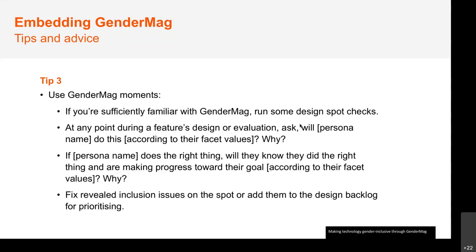Why would they do that? If they do this thing, will they know that they're making progress towards their goal? Why is that? You can then use the answers to these questions as design checks and also as inspiration to fix it on the spot, or to add it to the design backlogs.